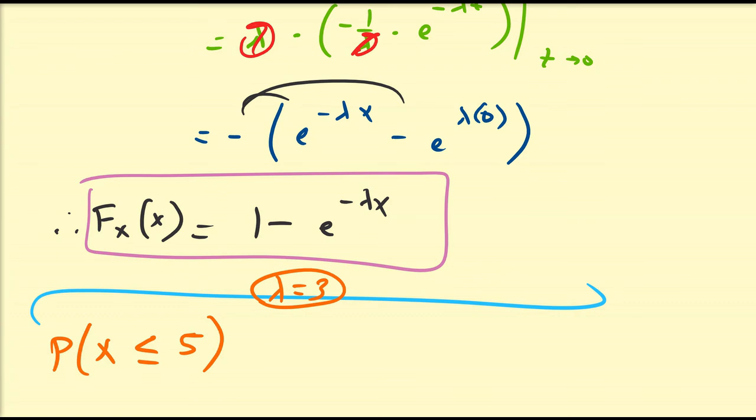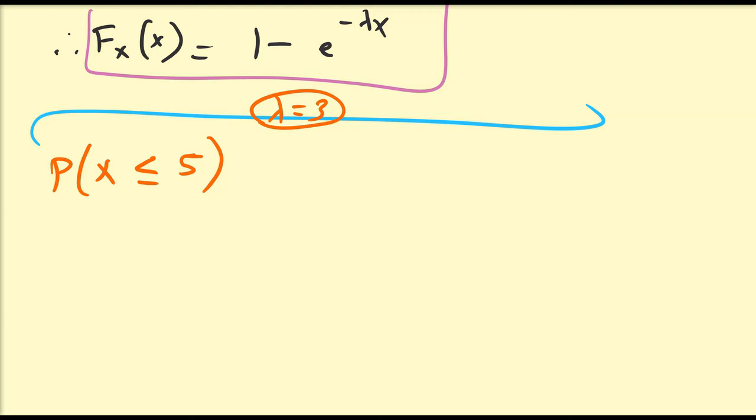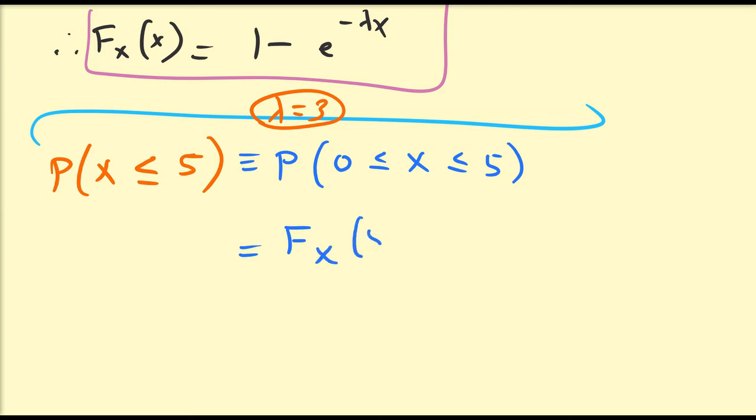What is the probability that you spend less than 5 hours for that? So if we assume that X is exponential, then we can use this result that we just derived directly. So remember that if X is exponential, the minimum of the support is going to be equal to 0. So this is equivalent to saying the probability that 0 is less than or equal to X is less than or equal to 5, which by definition is the value of the CDF evaluated at 5.